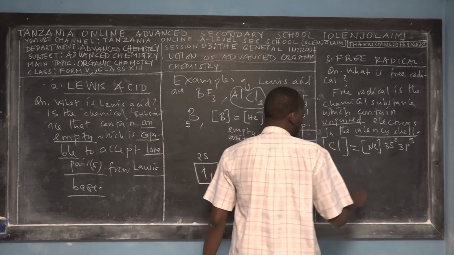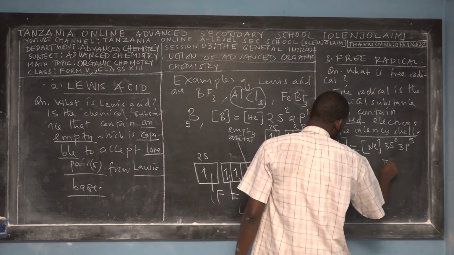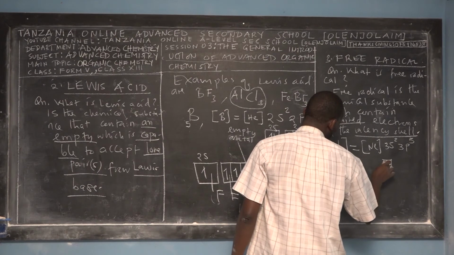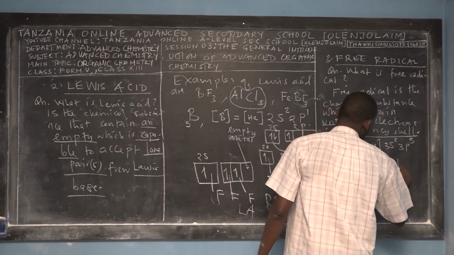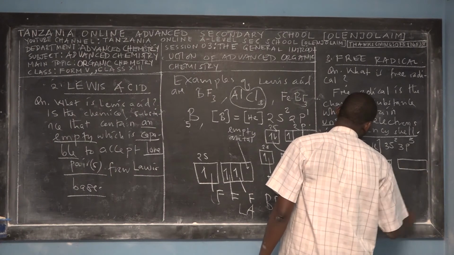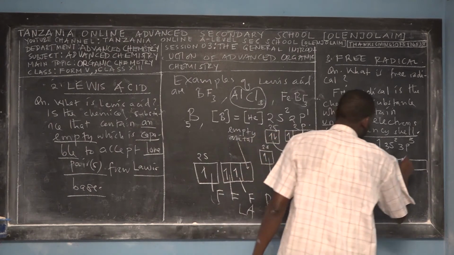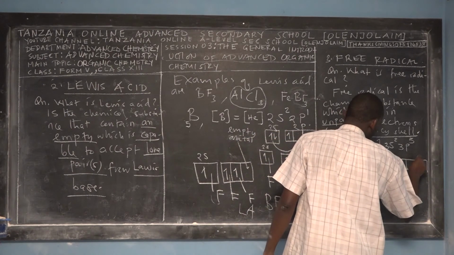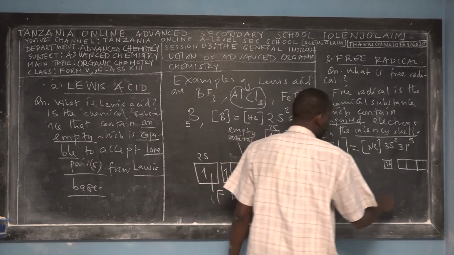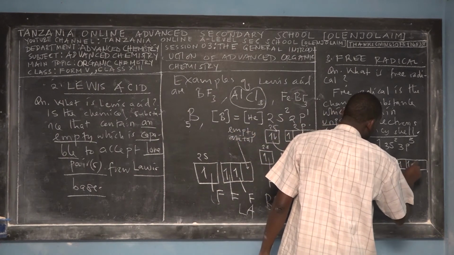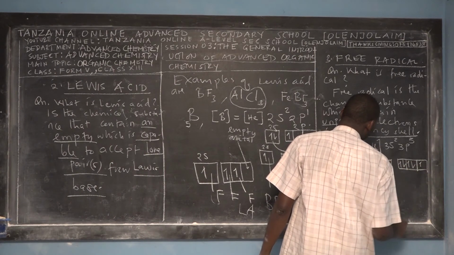If you draw the orbitals, for the 3p we have electrons: 1, 2, 3, 4, 5.